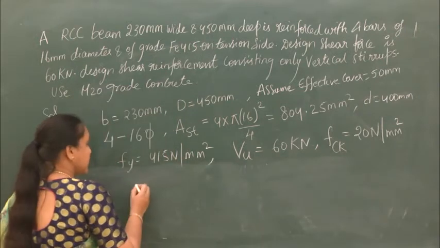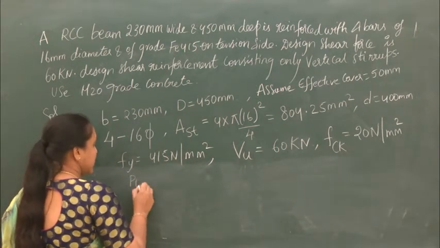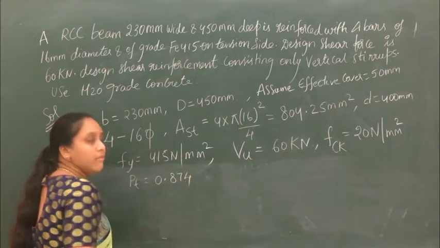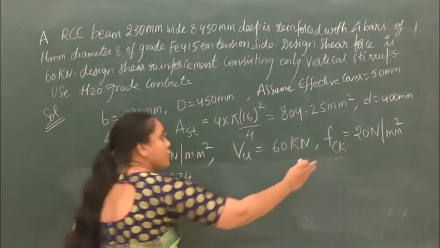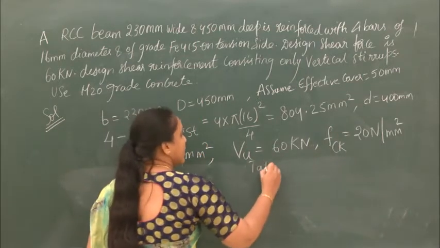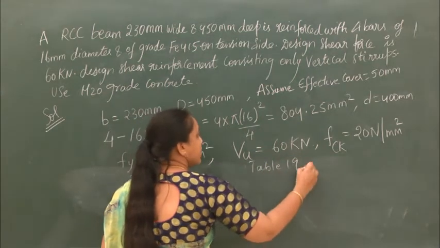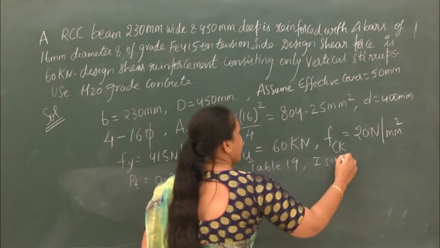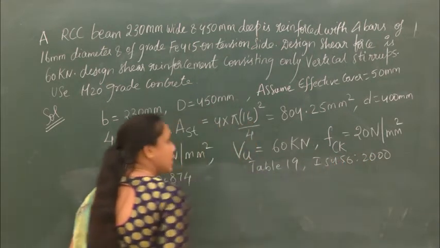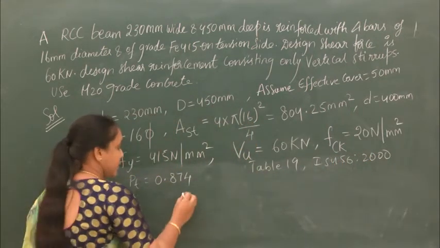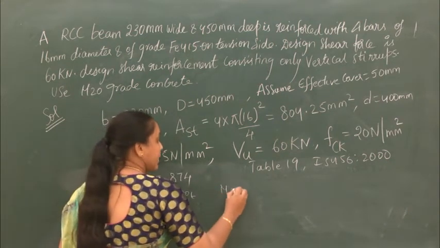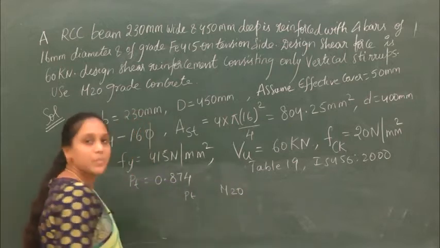The percentage of steel is 0.874 and the grade of concrete is 20. In table 19 of IS 456-2000, you will have different values for percentage of steel and for different grades of concrete.